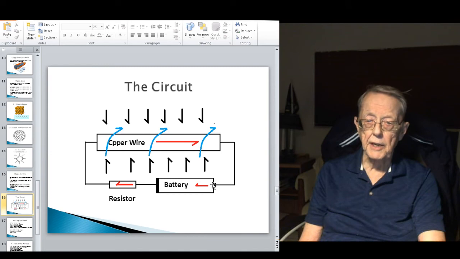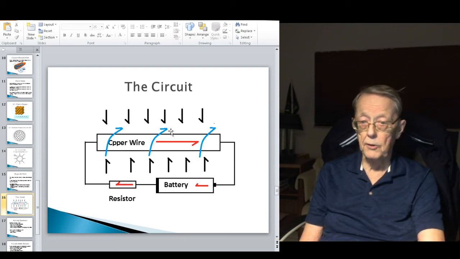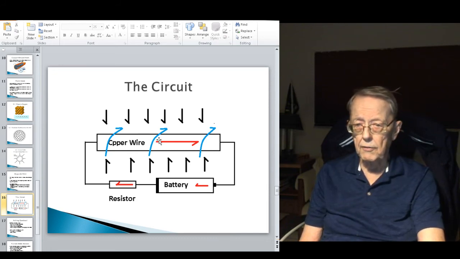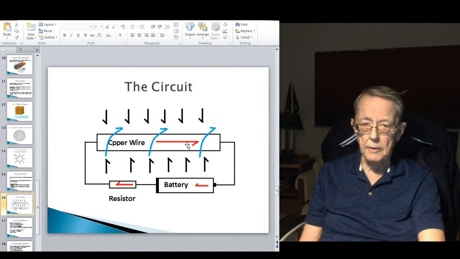In this case, I have the G1 particle flow coming out the negative side of the battery through a current limiting resistor. Got to have that, or this will blow the wire. The battery will blow, the wire will get hot and blow. So you have a resistor, and then you got the flow of G1 particles this way.